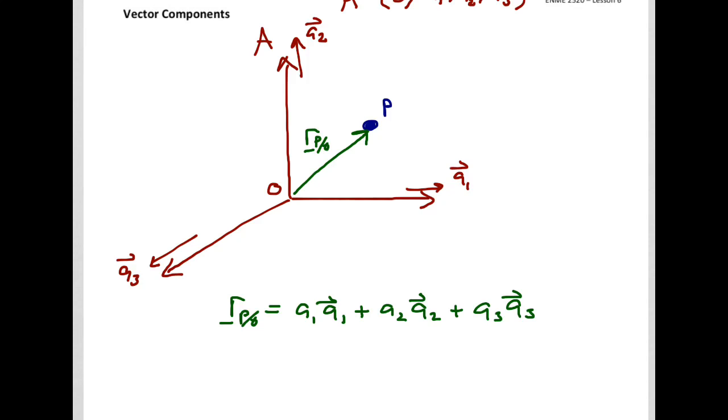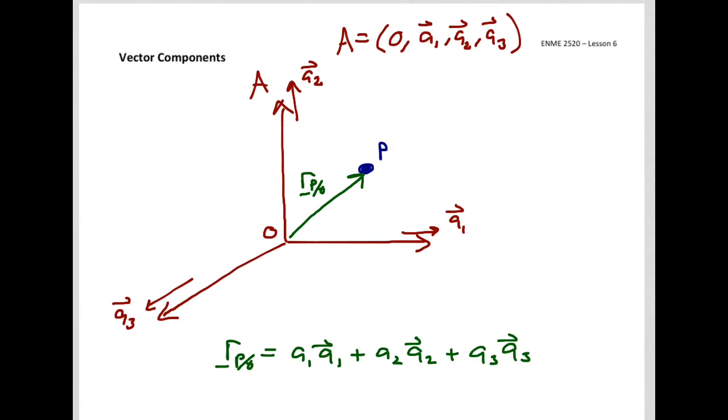So what we can do is describe this vector in the reference frame A. We can also describe this vector in a different reference frame. So let's draw a reference frame B. We'll keep the same origin, but we're going to define three new basis vectors, B1, B2, and B3, and then show how we can define that same vector in a different reference frame.